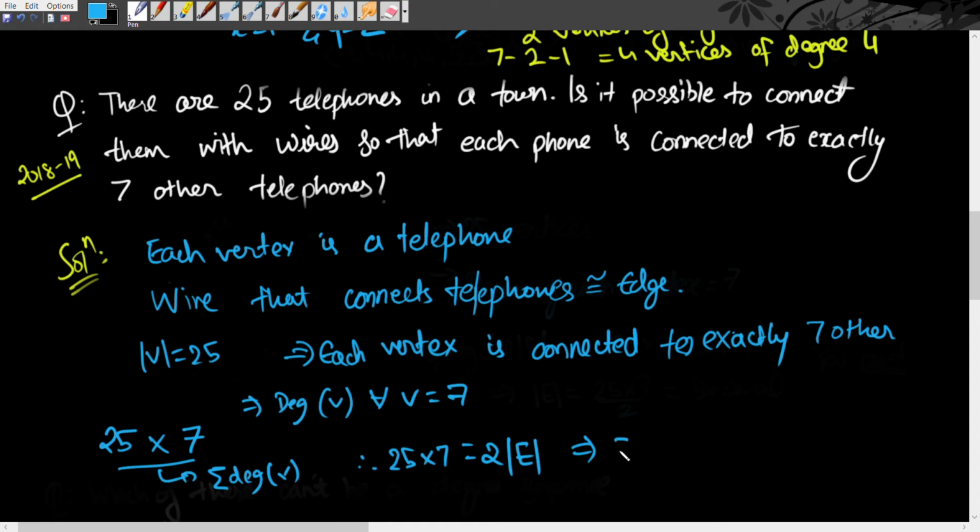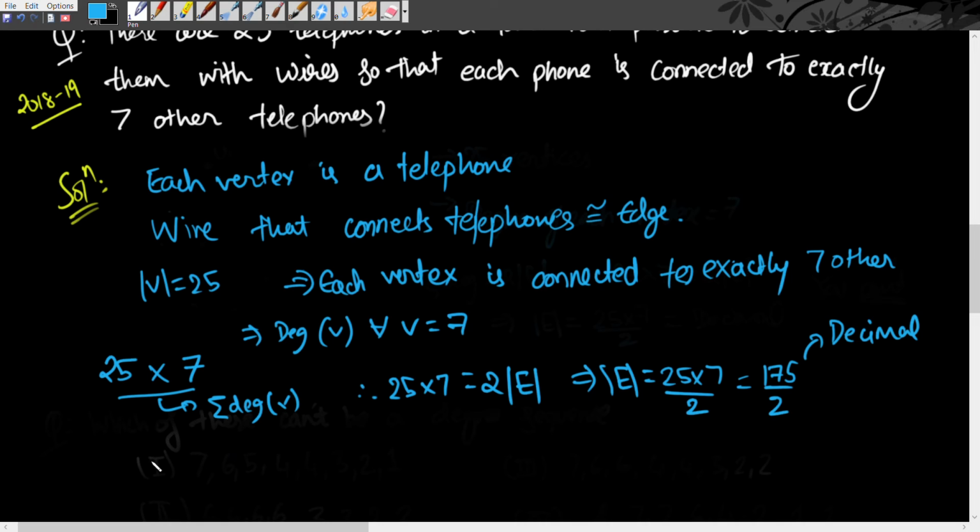Therefore we get the number of edges as 25 multiplied by 7, divided by 2. So this is 175 by 2. Now this is a decimal, right? You can't have an integer as a solution.